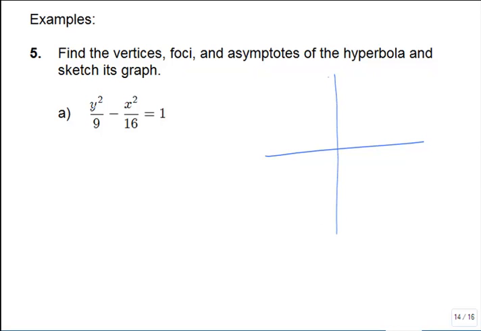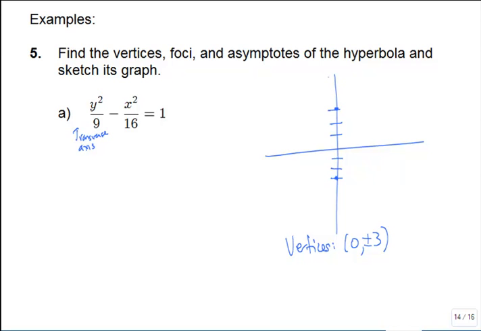So since y is coming first, that's going to be our transverse axis. The square root of 9 is 3, so I want to go up 3, put a dot, and down 3, put a dot. And those are called your vertices. So our vertices have 0 for x and either plus or minus 3 for y. And those are going to be actual dots on our hyperbola.